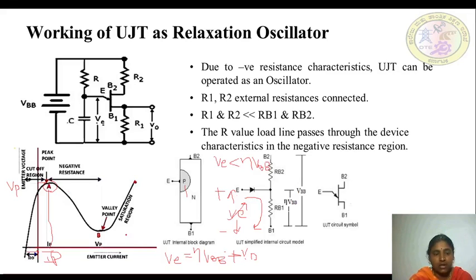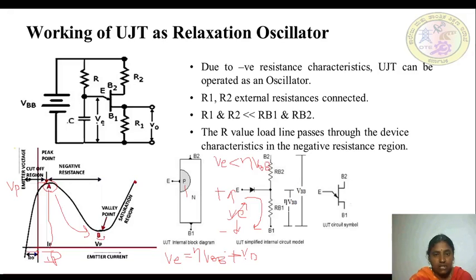Hence, this is called the negative resistance region. So this is the region where the emitter voltage is decreasing and current is increasing from point A to B. So this is the negative resistance region.